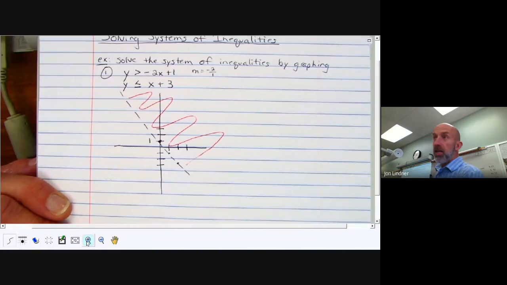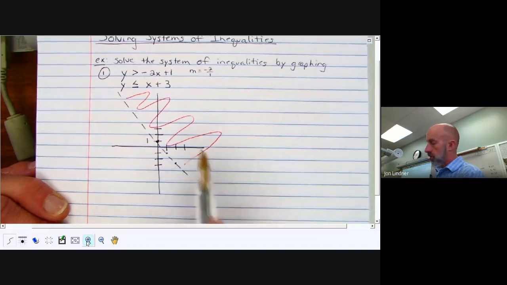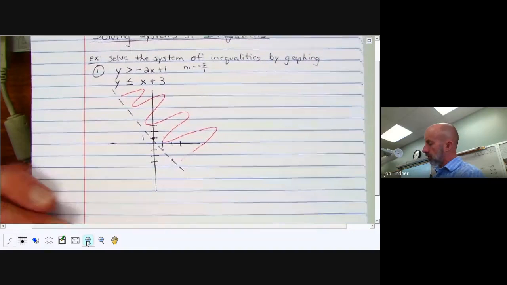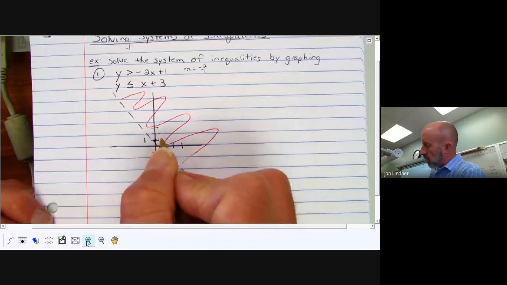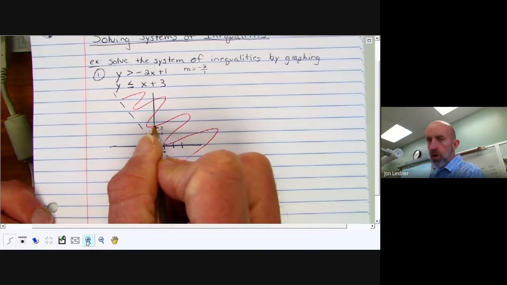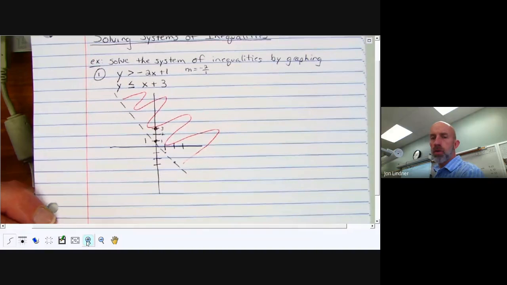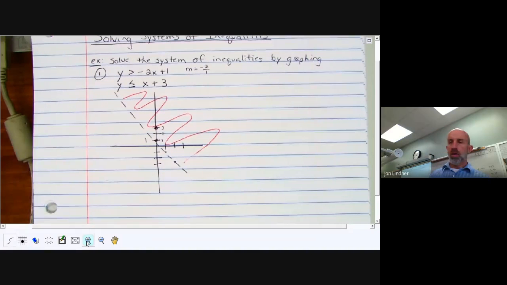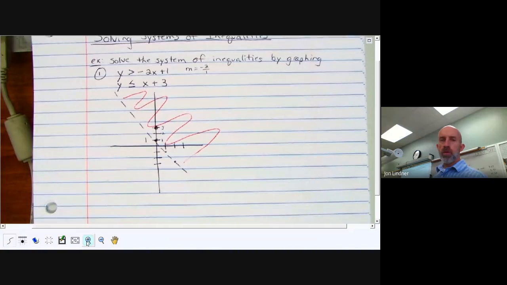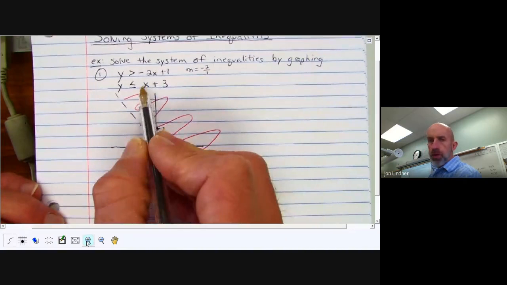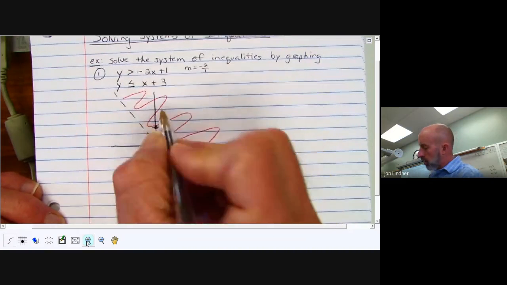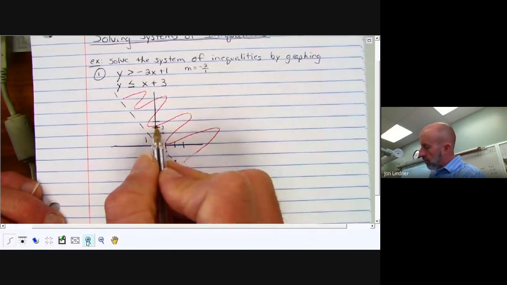But we have another inequality. We have this one. Y is less than or equal to x plus 3. So let's graph that one. 1, 2, 3. There's the y-intercept for that one. And the slope is positive 1. So up 1 over 1 from that point.